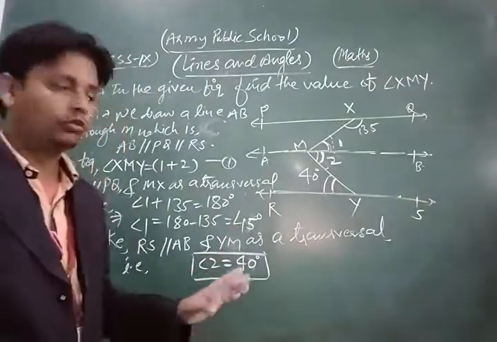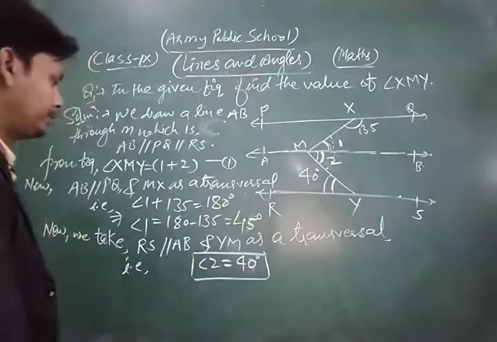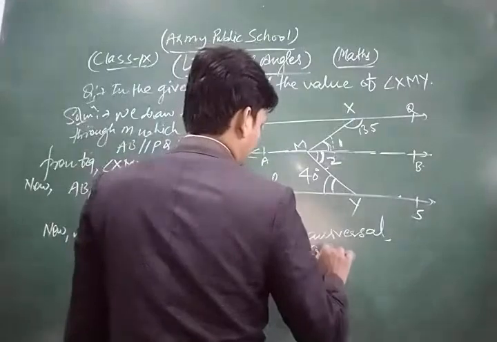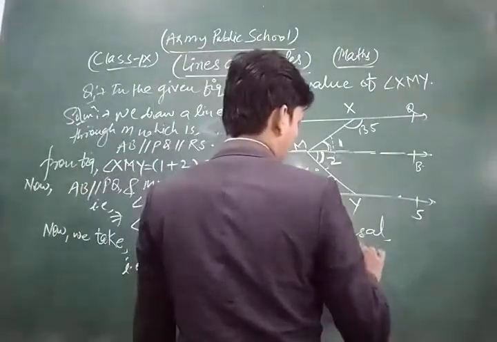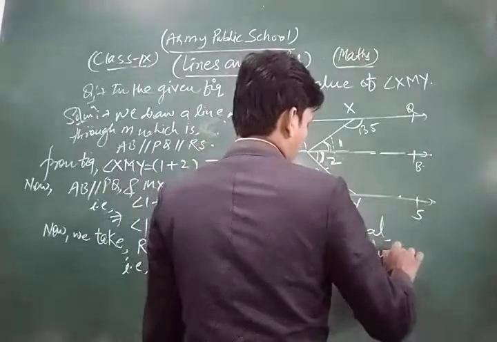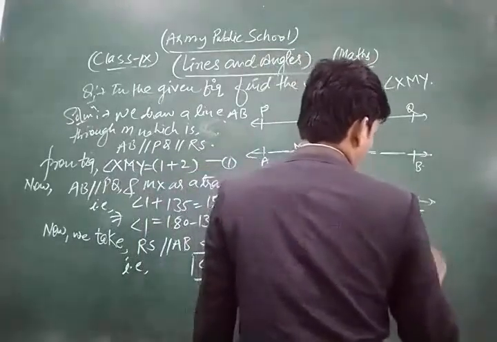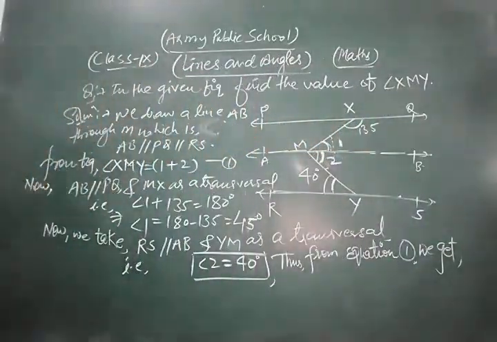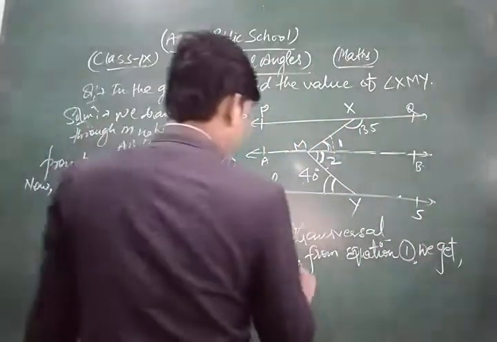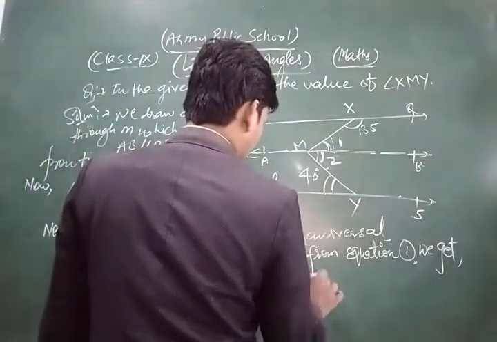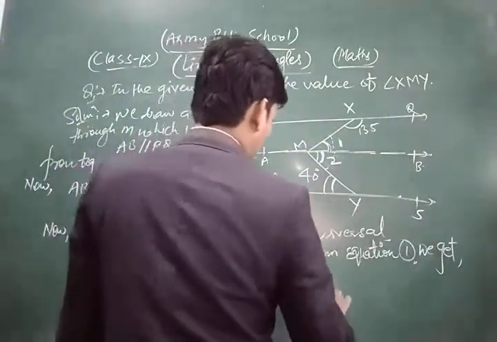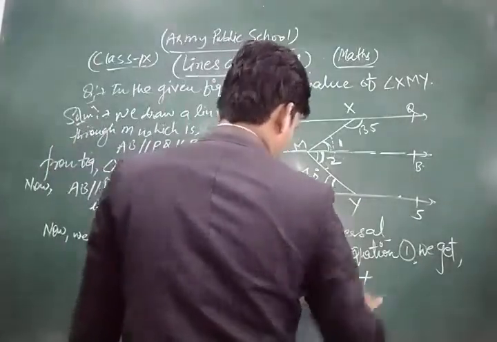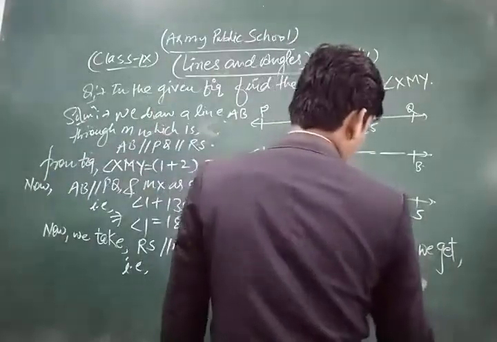Now using equation 1, from equation 1 we get x plus y equals angle 1, that is 45, plus angle 2, that is 40.